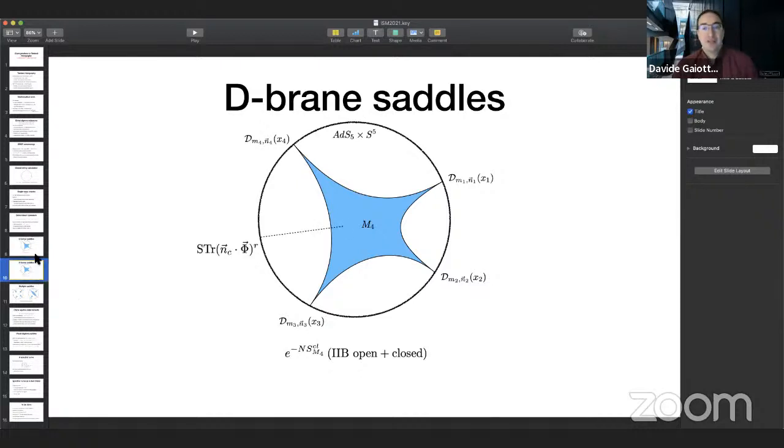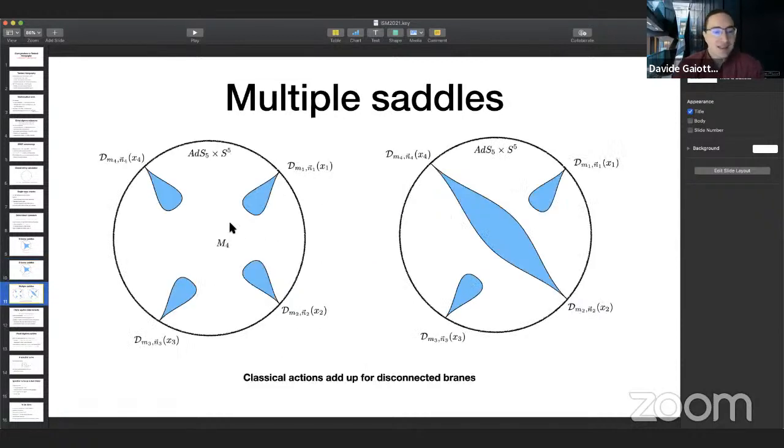The basic calculation one could do in this setup is to say, I put a trace at some point on the sphere, I put a collection of determinants, and maybe in the large N limit, this will be controlled by a closed string propagating from the boundary to the D-brane saddle. The crucial subtlety is that the same boundary conditions on the D-branes might result in many different types of saddles.